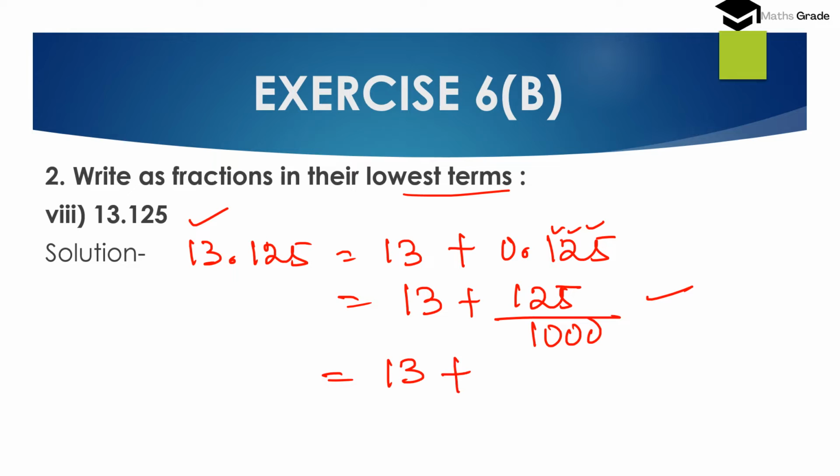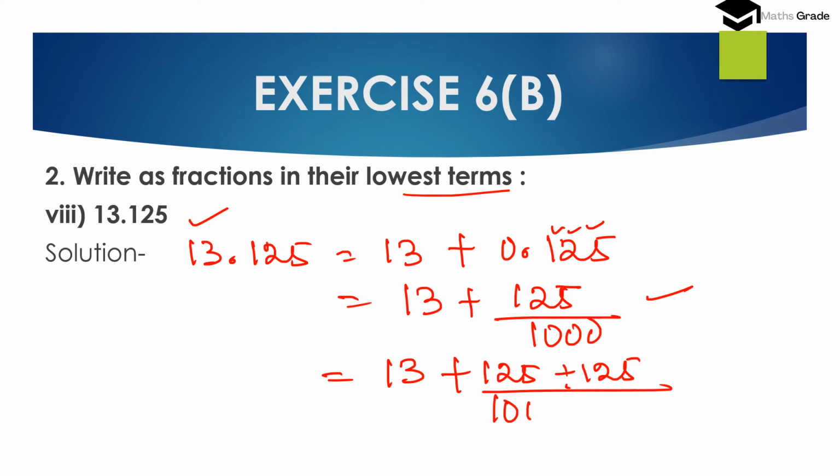Now 13 plus, and between 125 and 1000, 125 is the highest common factor, so we have to divide 125 and 1000 by 125.